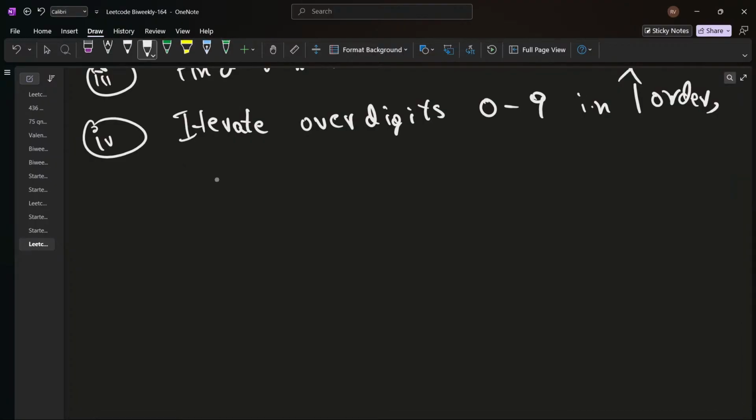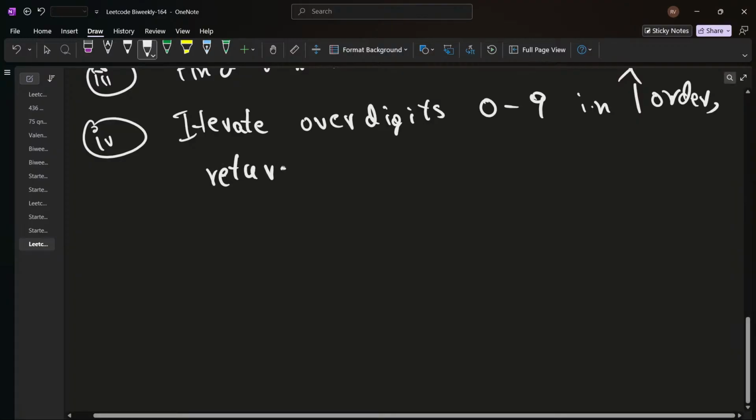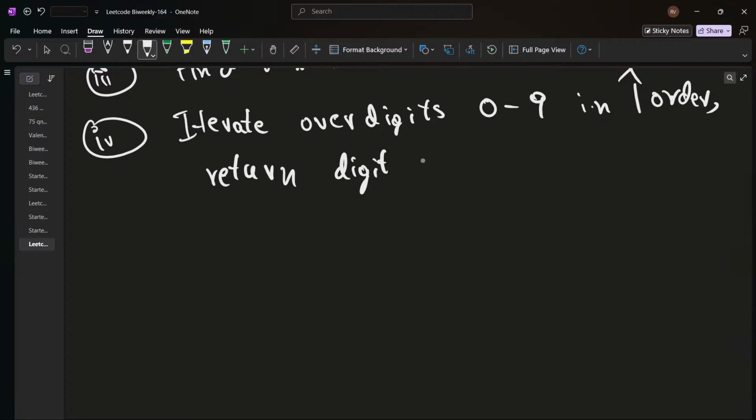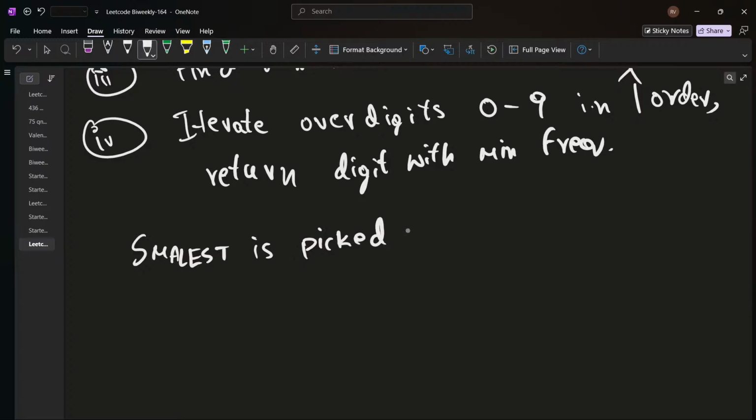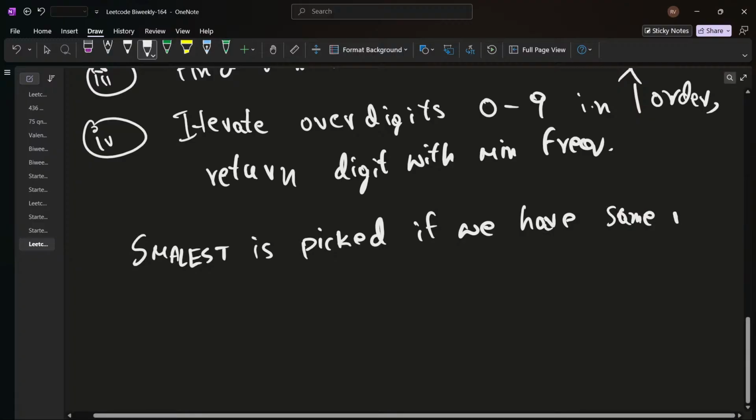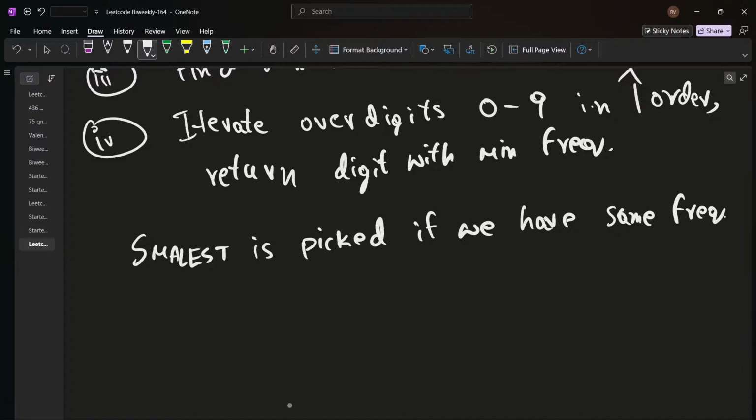Return the digit with min frequency. So by this we ensure that the smallest digit is picked if we have equal frequencies, same frequencies, whatever it is. Done.